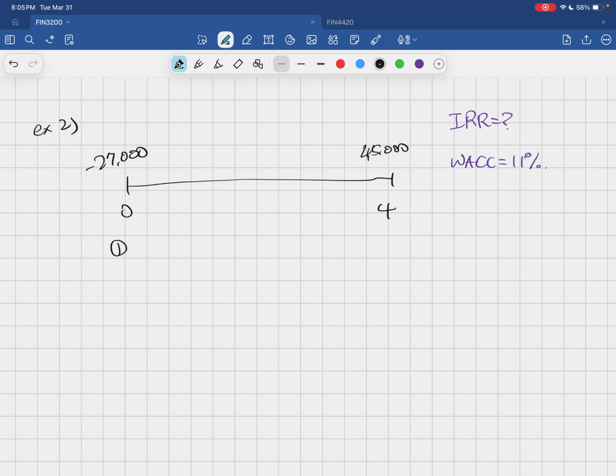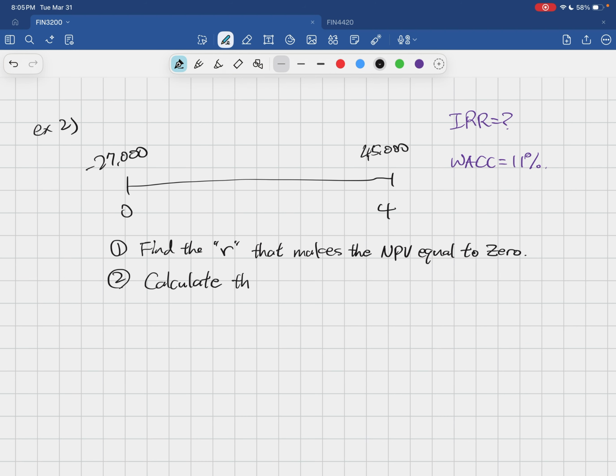First, we can find the discount rate, find the R that makes the NPV of the project equal to 0. Second way is just calculate the rate of return from this project.